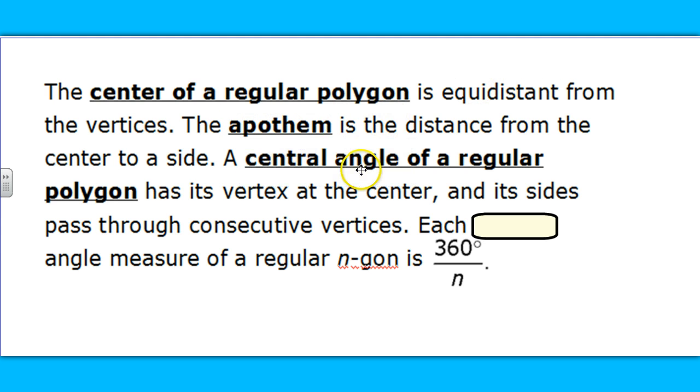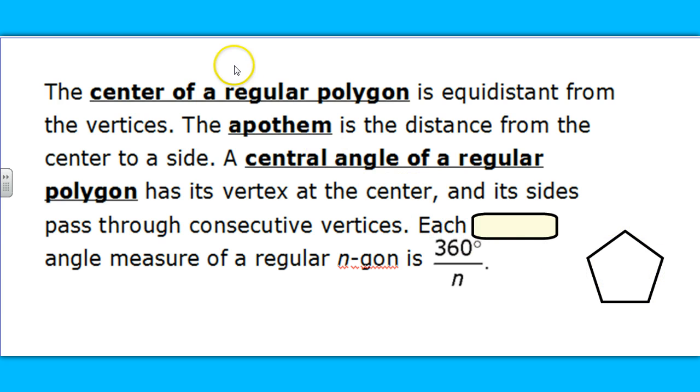We call this interesting word the apothem. So a central angle of a regular polygon has its vertex at the center and its sides pass through consecutive vertices. Let's draw a regular polygon so we can see this. So here I have, I'm hoping it's a regular polygon, right? What would you call that? That's right, a pentagon.